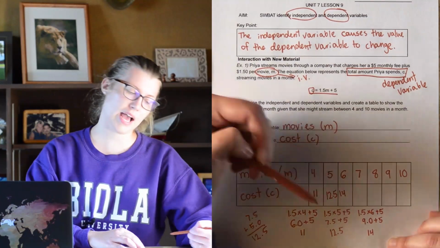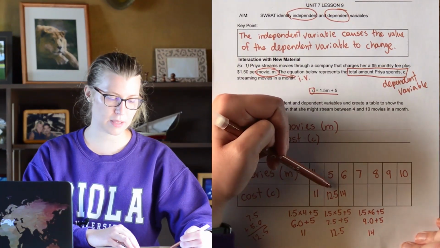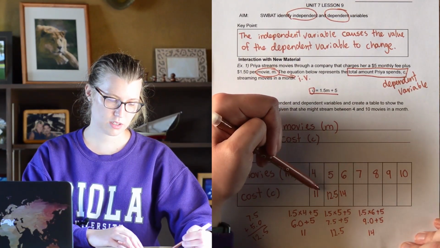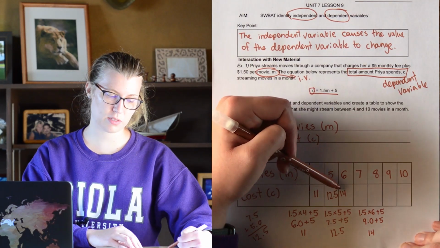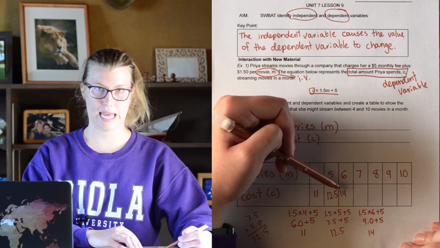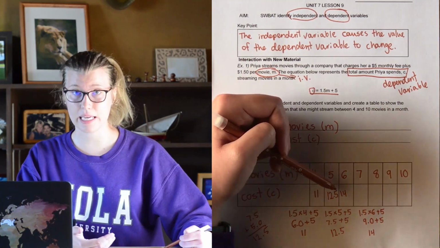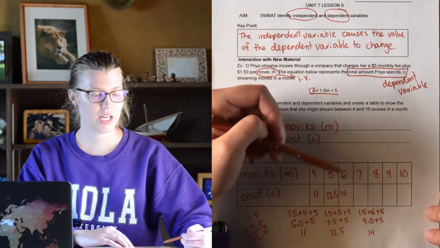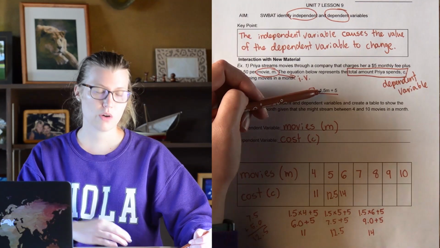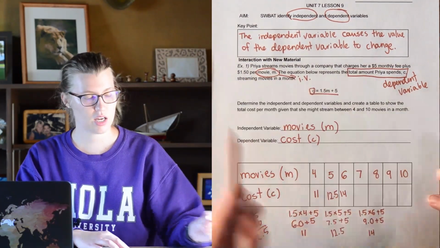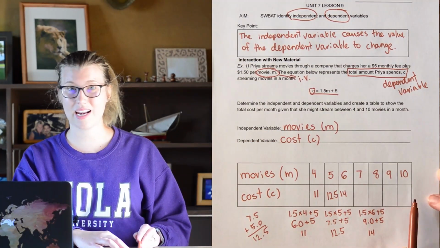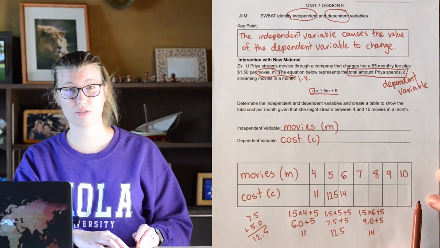So I want to see, do we have a pattern here? Well, it's not multiplying anything. 11 plus 1.5, 12.5 plus 1.5. Yes, that is actually going to be my pattern. Because if you look back, with each movie that I watch, it's going to cost an extra $1.50. So as I go down my line, I don't have to do the math every single time.